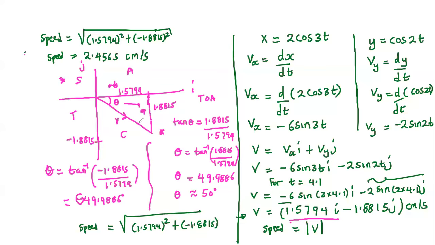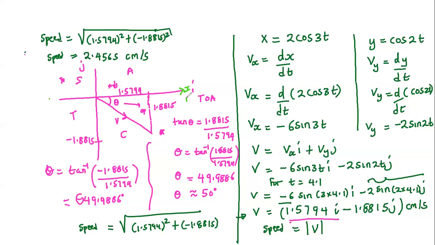Now, for the best interpretation, we can have this direction stated in two ways. The first way is you stating that the direction is approximately 50 degrees below. When you look at this axis, this is the x-axis. You can say that it is 50 degrees below the positive horizontal. Take note of that.